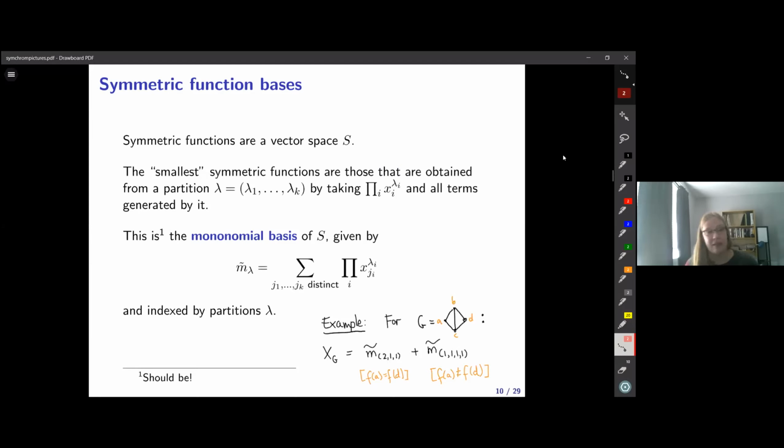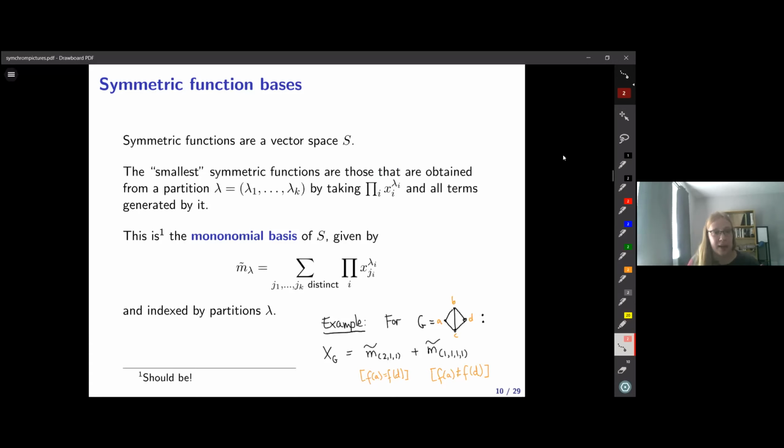So if I wanted to make the smallest symmetric function, it would be 0. If I wanted to make the second smallest symmetric function, I could say, let's take a term x1, but then because of this permutation property, I would have to have x1 plus x2 plus x3 and so on. And similarly, I could start with x1 squared, and then I would also get plus x2 squared and so on.